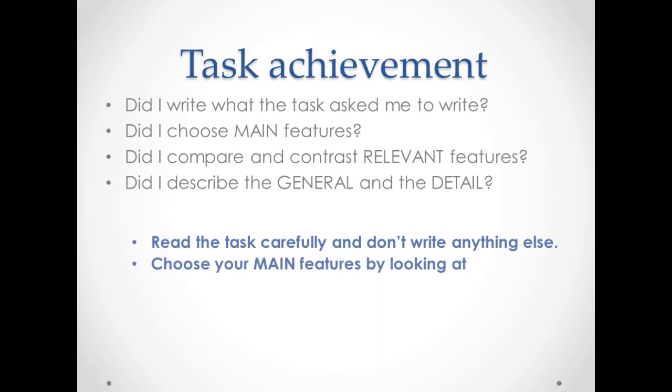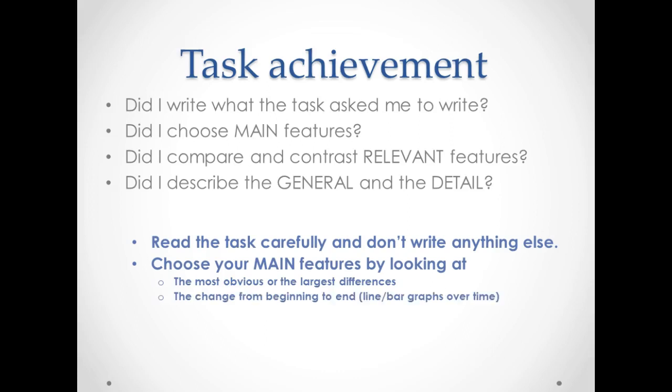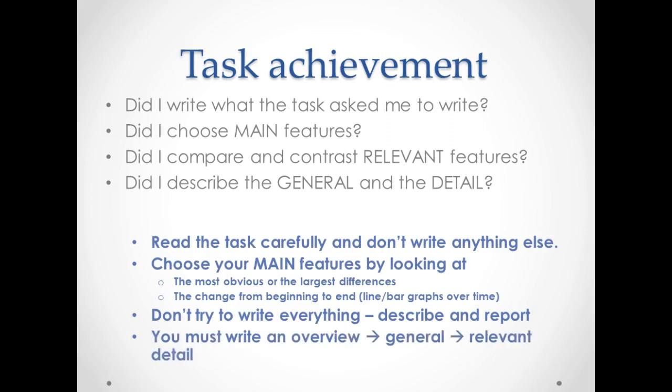You choose your main features carefully by looking at the most obvious or the largest differences, and the change from beginning to end, especially for line or bar graphs over time. Don't try to write everything, just describe and report the main, relevant, important features.